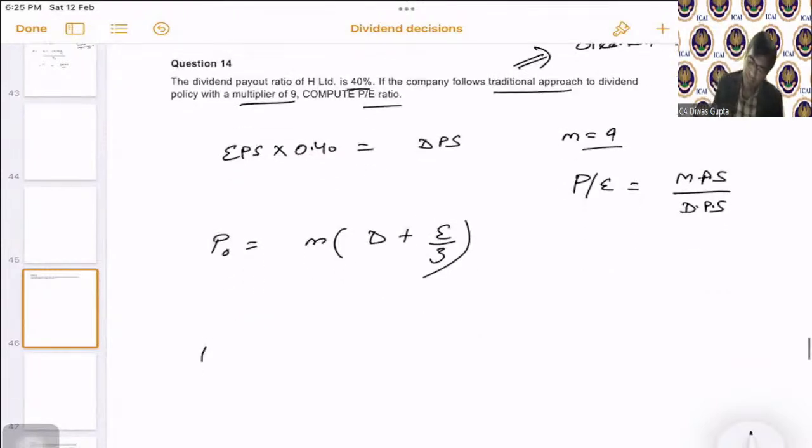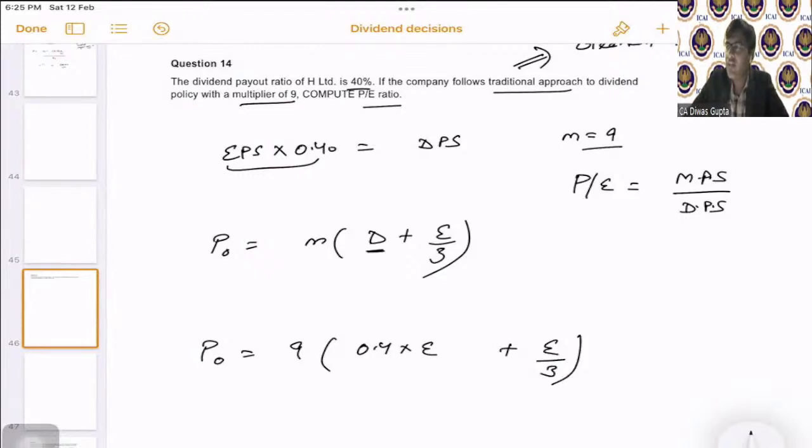Now, if we put everything here in the formula, right? M is what? 9. Now, instead of D, can I say EPS into 0.4? 0.4 into E plus E divided by 3.